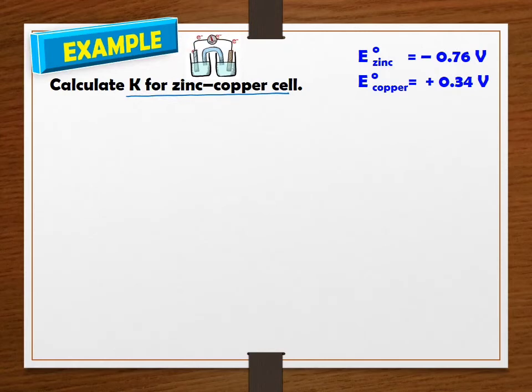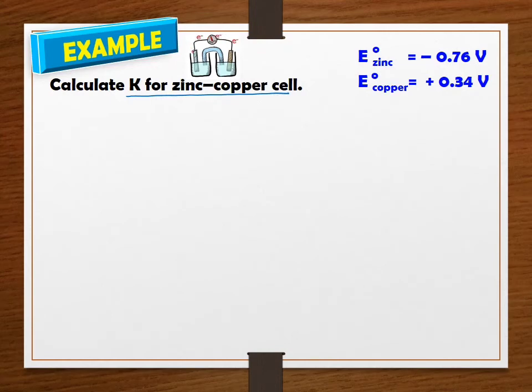So dia akan terus bagi nilai standard reduction potential for each metal ataupun for each cell dalam soalan macam ni. Okay? So, based on the value of standard cell potential for each metal here, you need to predict which one is our anode and which one is our cathode.